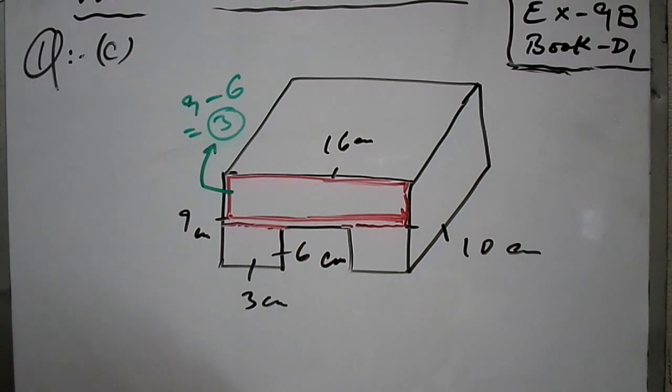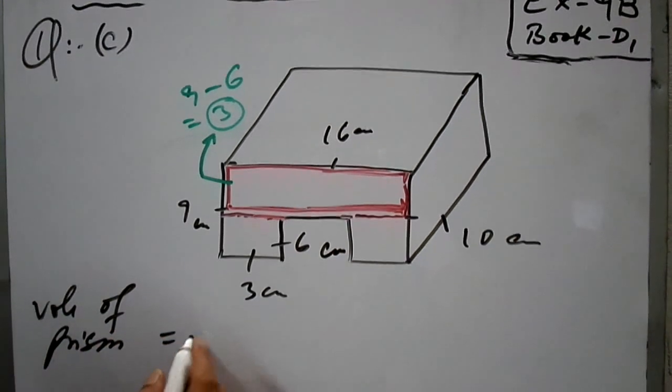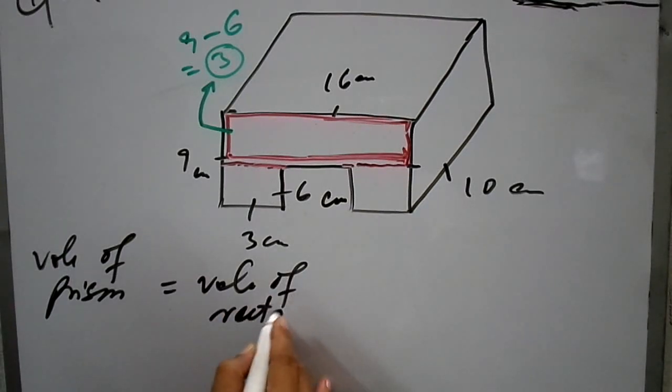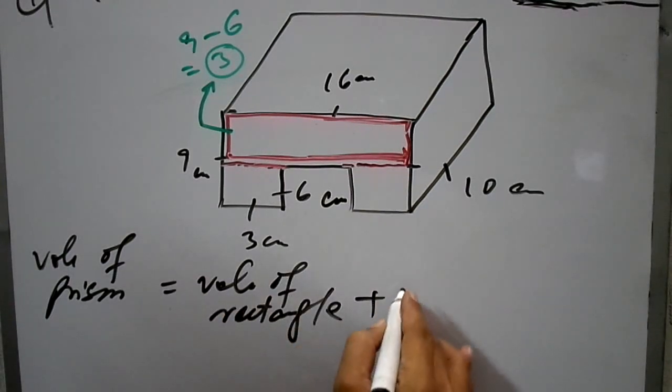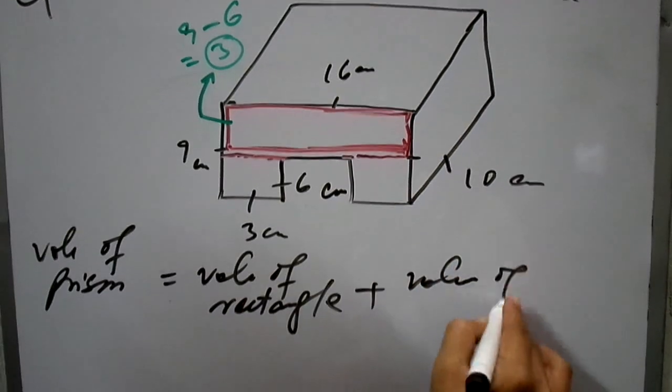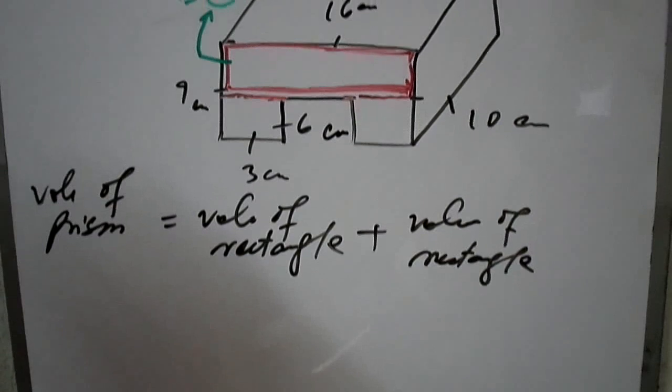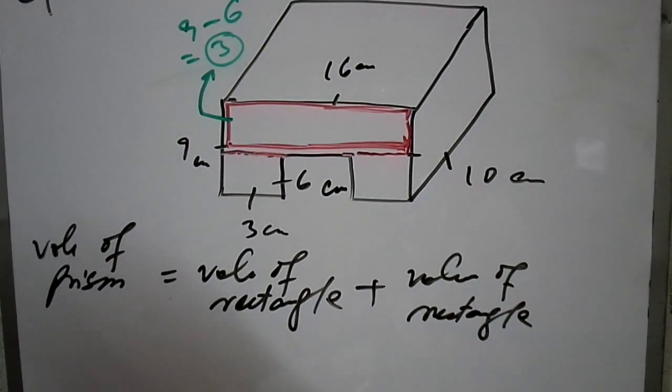So in this case volume of prism is equal to volume of rectangle, this is your first rectangle, plus another volume of rectangle, and third one is another volume of a rectangle.